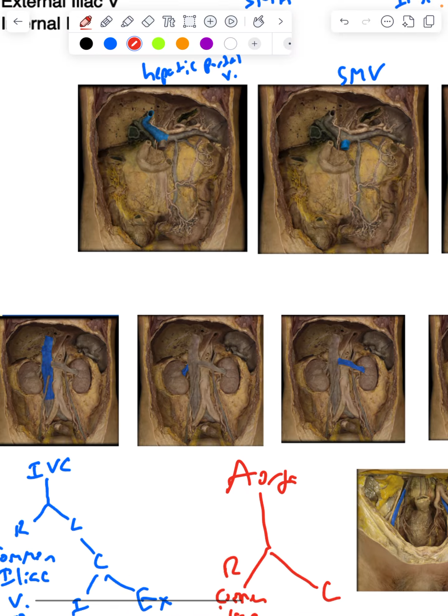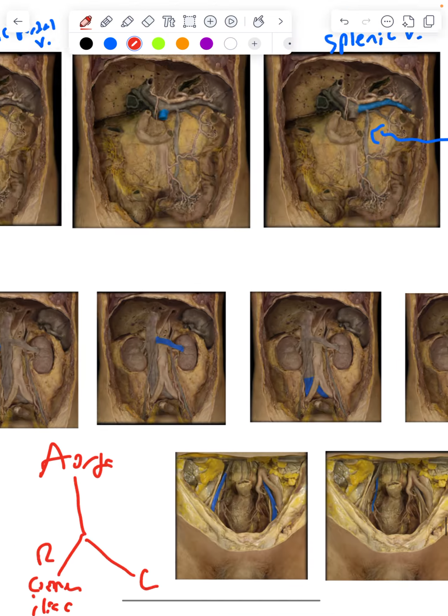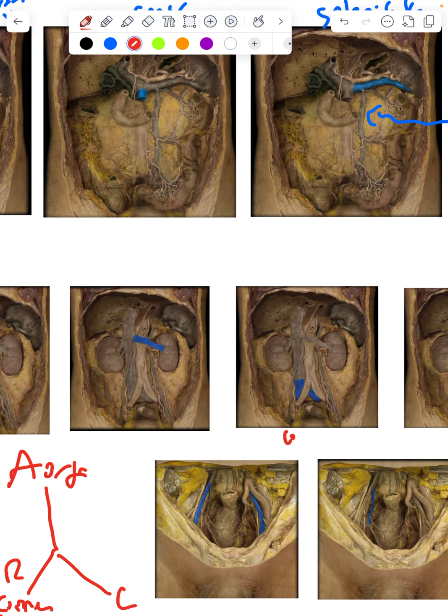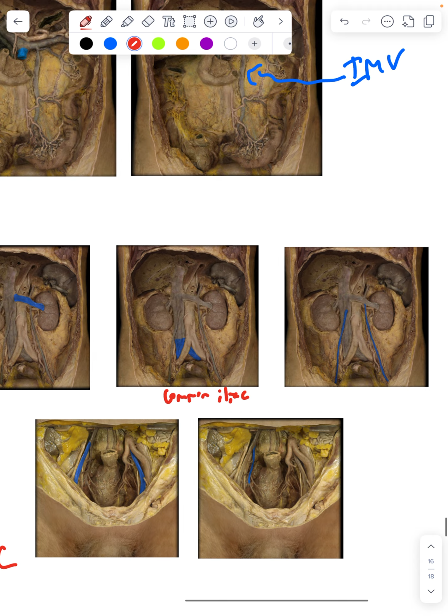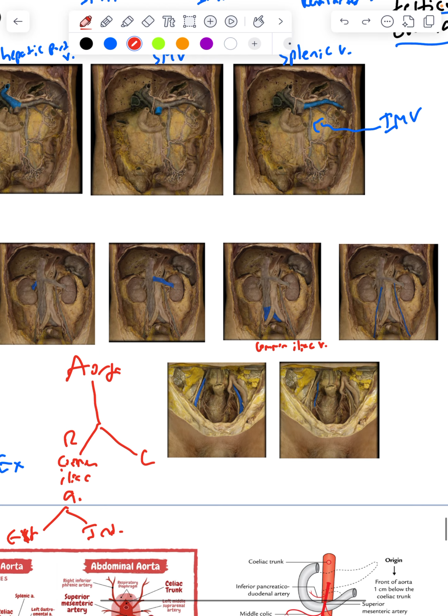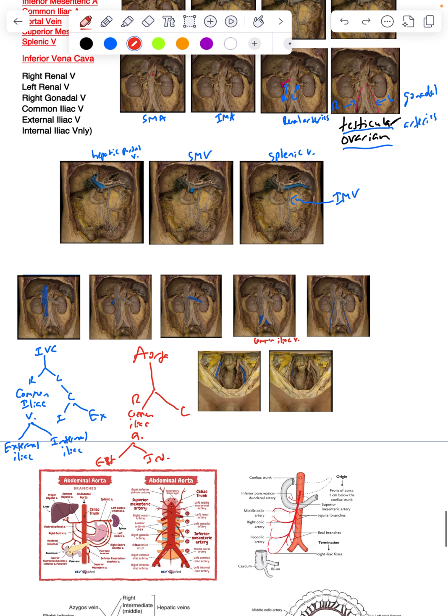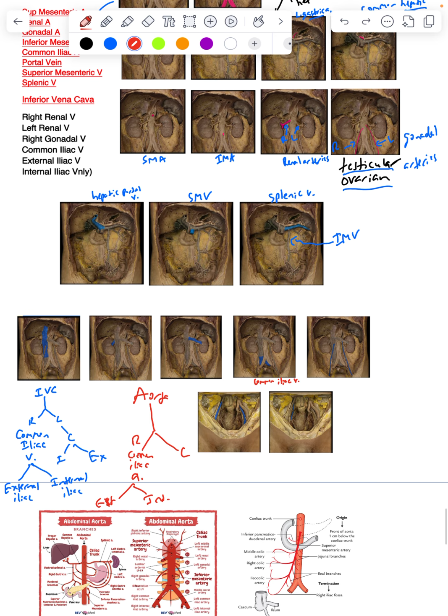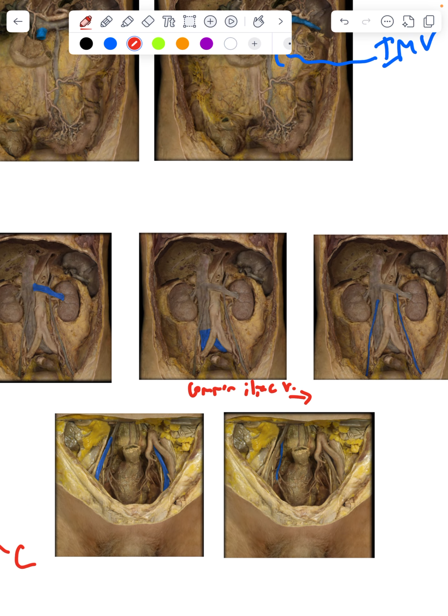So this would be your common iliac vein, and then splitting into external and internal. So common iliac becomes external plus internal. Internal, external.